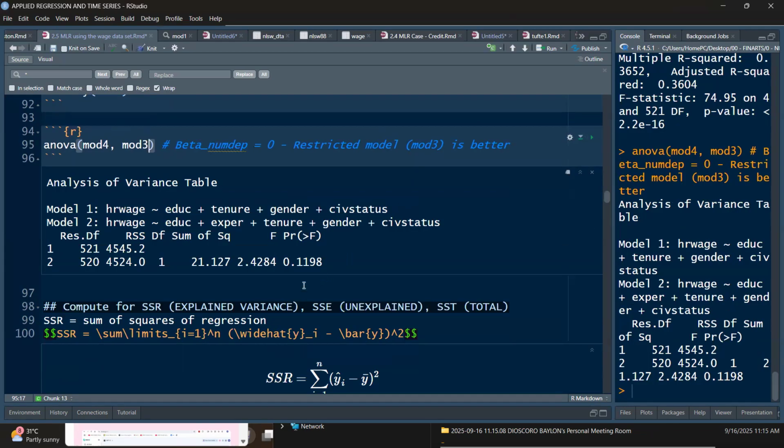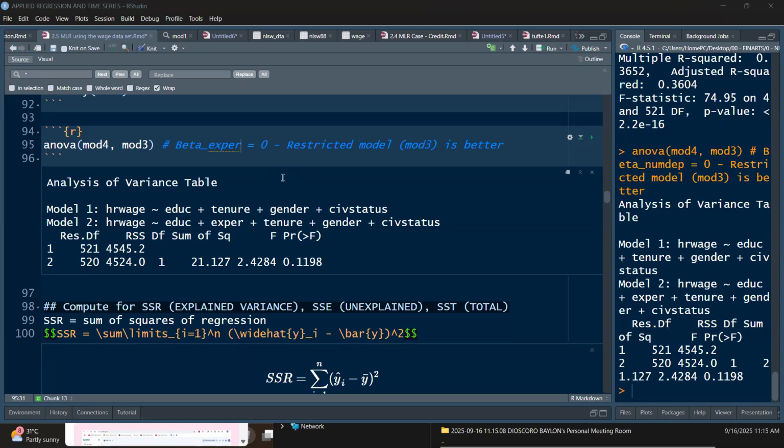So what do we have here? Again, the null hypothesis here is that the restricted model is better. Here, what was the last one that we removed? Experience, yeah. Thank you.